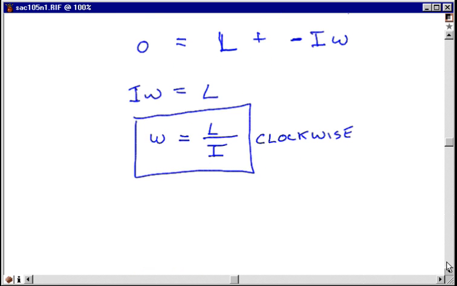Positive omega is clockwise, but we should state explicitly that our answer is clockwise as viewed from above. And that does it for SAC 105, problem number 1.